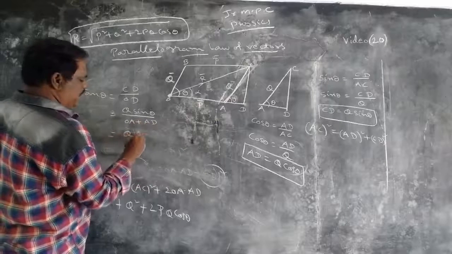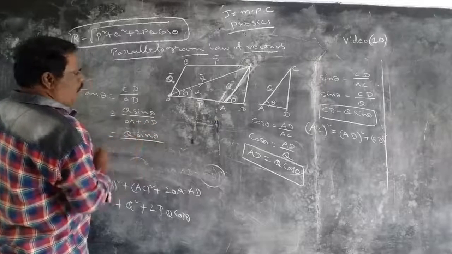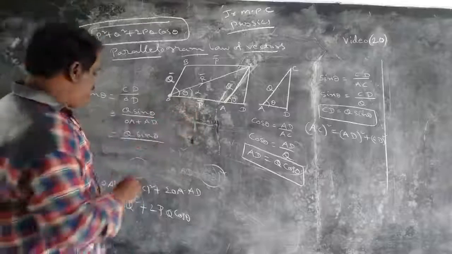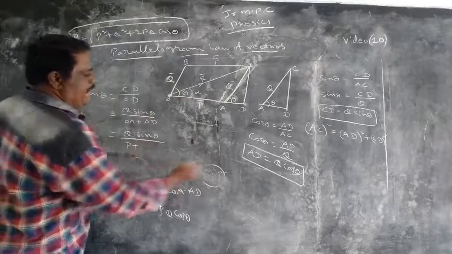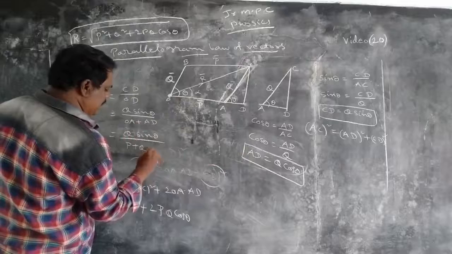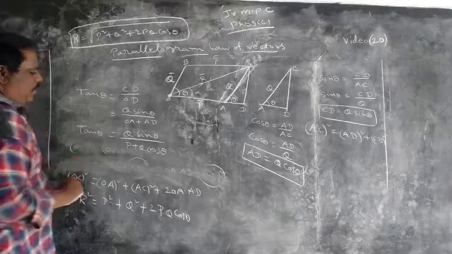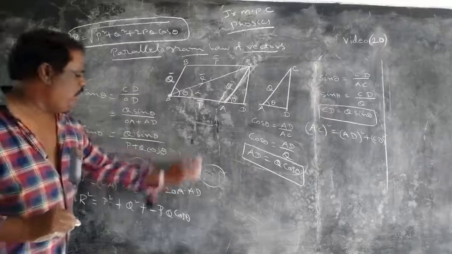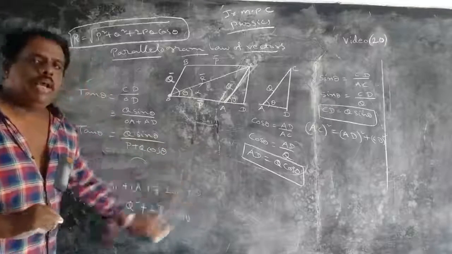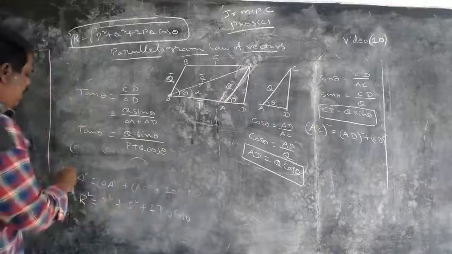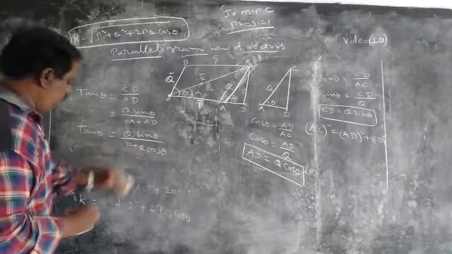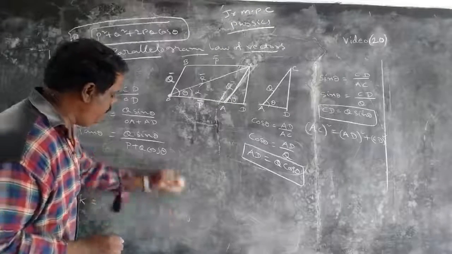That means Q sin theta by OA, where OA value is P, plus AD value we calculated, Q cos theta. That means tan theta value will be Q sin theta by P plus Q cos theta. Then what about the theta value? Theta indicates the direction.